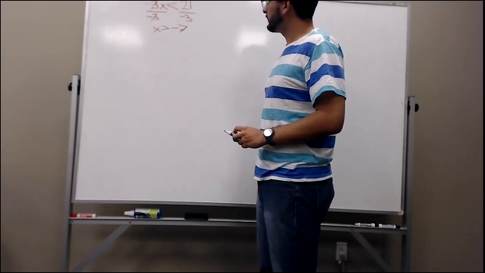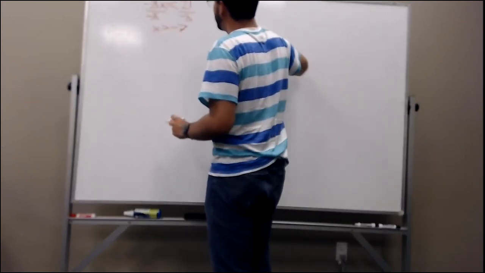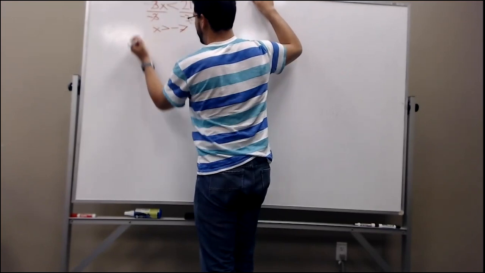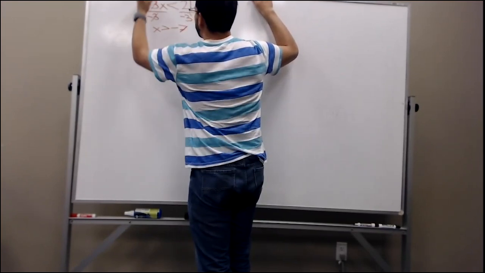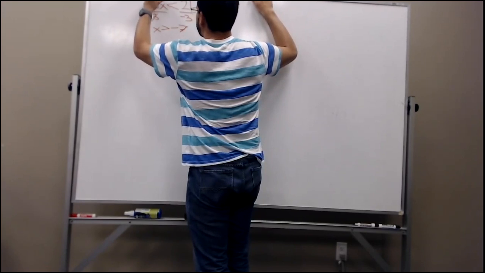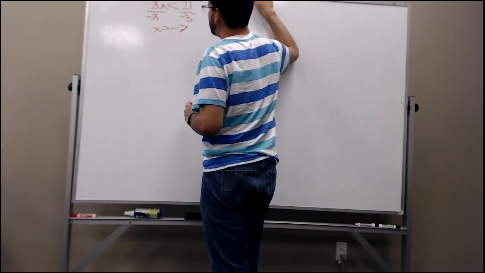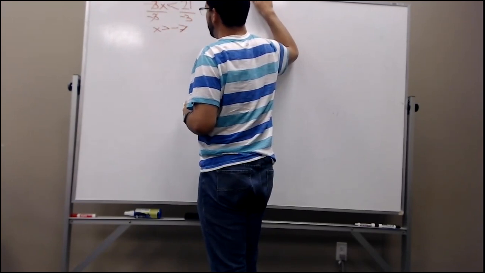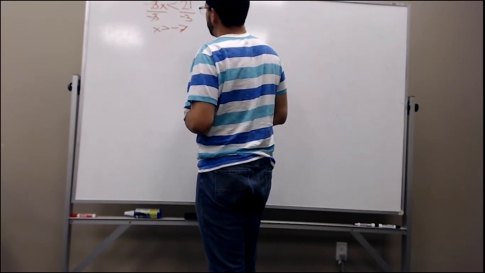For example, try putting in minus 6. Just if x is minus 6, see whether that holds. Minus 3 times minus 6 is 18, and 18 is less than 21. Therefore, that's true. That inequality holds. You can try it as long as you want.